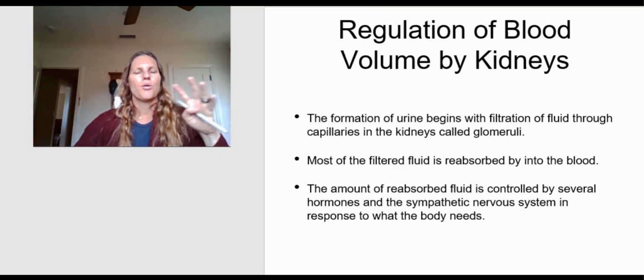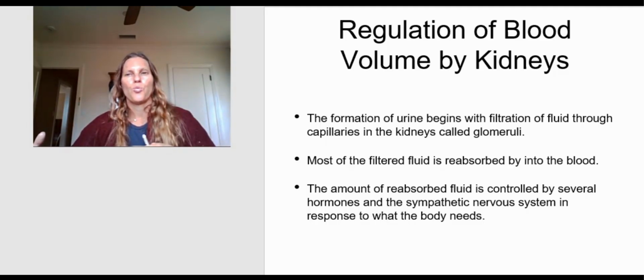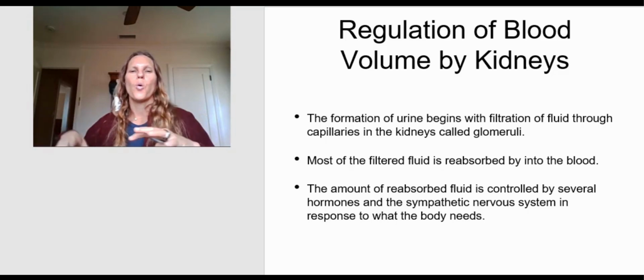We're going to come back around and talk about these things in more detail when we do the kidney lecture. So this is just kind of a primer. We know that urine is obviously a way that we lose a lot of fluid. The kidneys do a tremendous amount of stuff for us, but one of the things they do is regulate our blood volume.